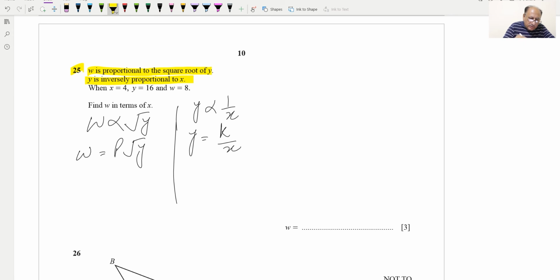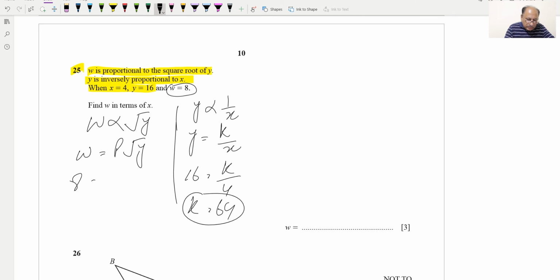Now they are saying when x is equal to 4, y is equal to 16, so we'll be using these values. Y is equal to 16 and k over x is equal to 4, so k will be equal to 16 times 4, which is 64. So the k value we got is 64. Now W is equal to 8 when y is equal to 16.